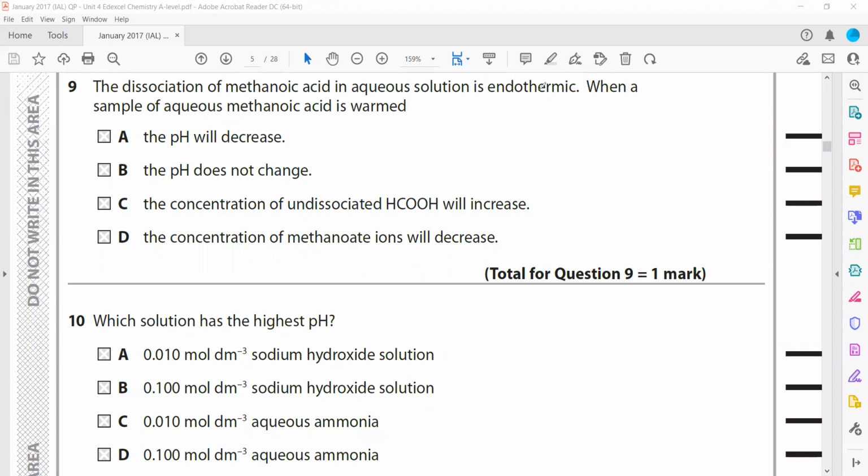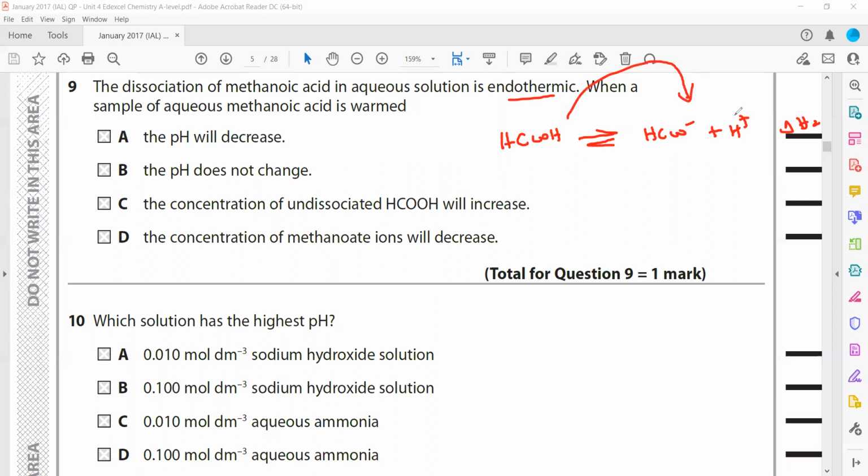Dissociation of methanoic acid in aqueous solution is endothermic. When a sample of methanoic acid is warmed, methanoic acid, HCOOH, dissociates into HCOO minus plus H plus, and this reaction is endothermic. So if we increase the temperature, it shifts the equilibrium towards the right hand side.